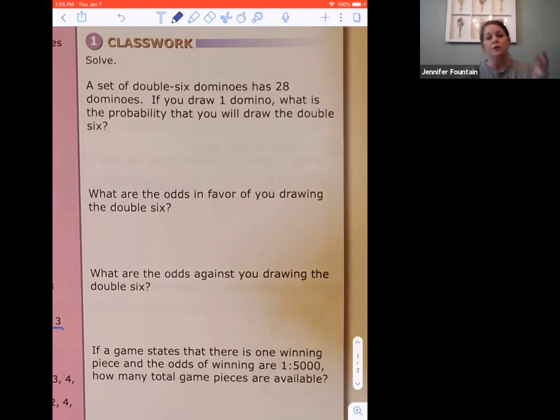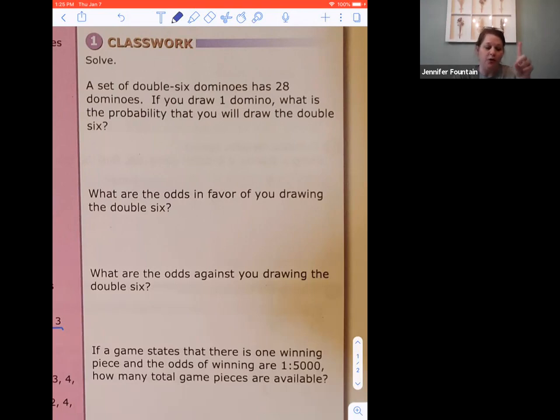So again, if you're not familiar with dominoes, then basically each little brick or each domino is going to have a combination of numbers. Like on one side it would be a 1, then a 1, then a 2, then a 1, then a 3, and a 1, then a 4, and it goes through all the combinations of numbers together. So there is only one double 6 in the whole set of dominoes.